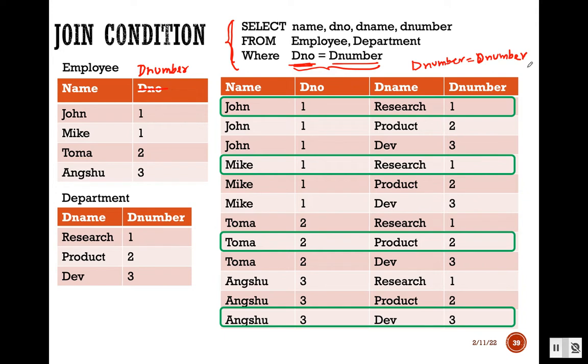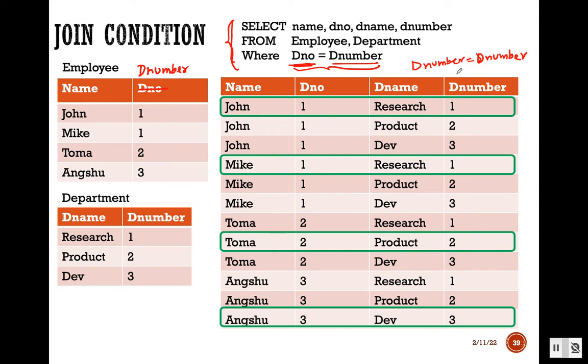Our SQL compiler will not understand which attribute is coming from which table, and that is going to generate an error. In that case, we can explicitly say which attribute is coming from which table.